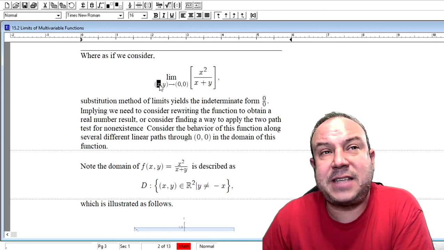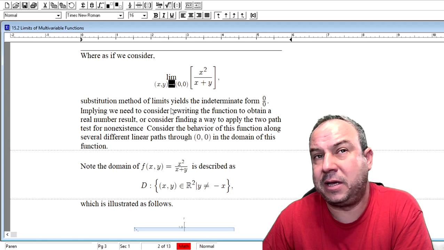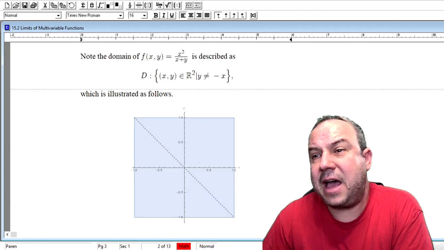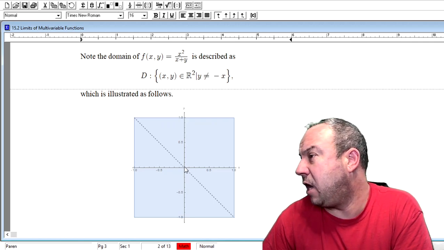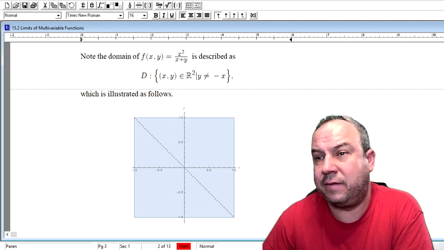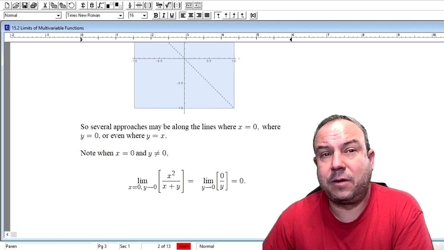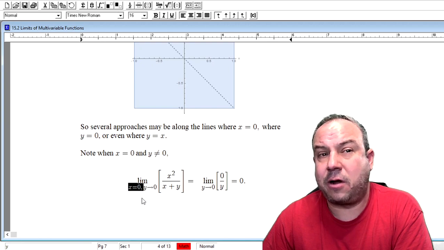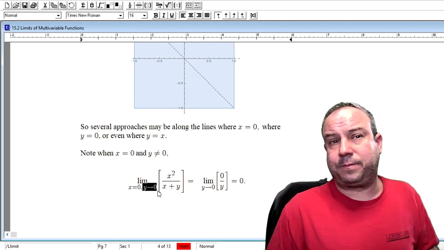That's where I set x equal to 0 and only consider y approaching the value of 0. That is our approach coming from either above down the y-axis or from below up the y-axis, approaching the origin in our illustration of our domain. All right? So I'm going to let x equal 0 in that approach, and consider what would happen as y approaches 0.